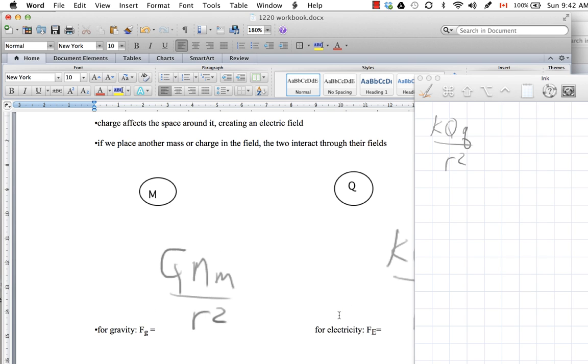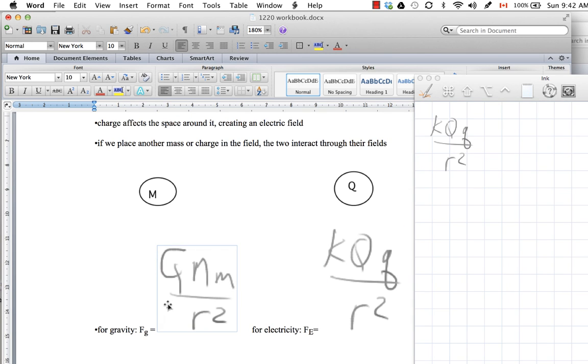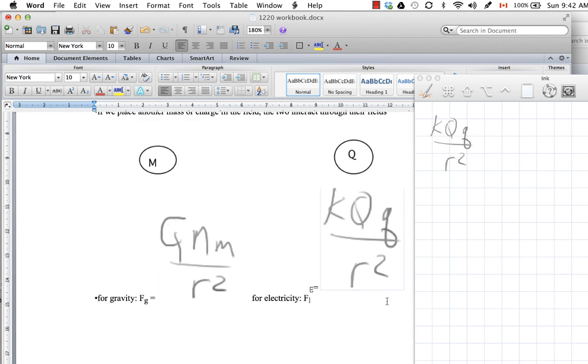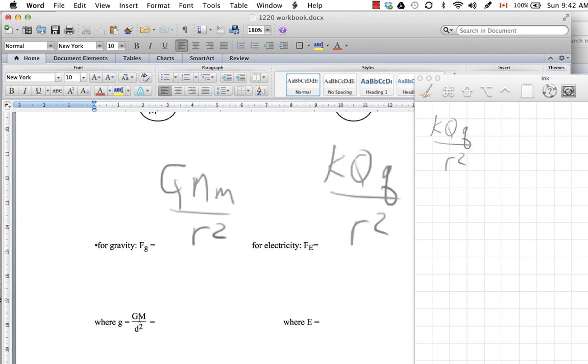Now, with gravitation, we identify these first three terms here as being the gravitational field, because then the force of gravity is little m times g. So this is the gravity field. We'll do exactly the same thing with electric field, where we take these first three terms here, kq over r squared, as being the electric field.